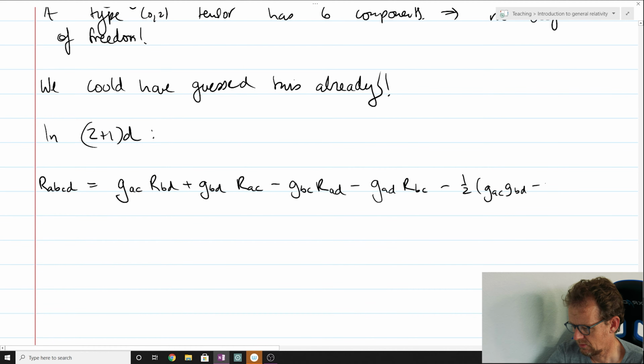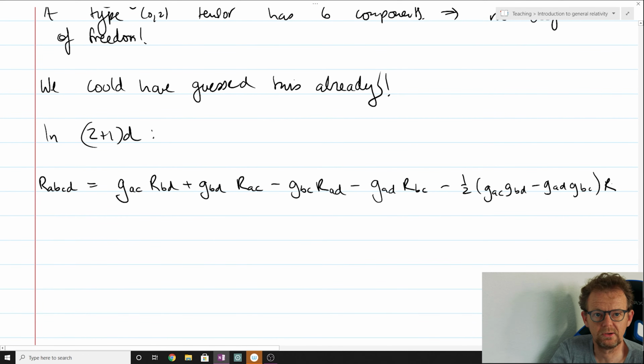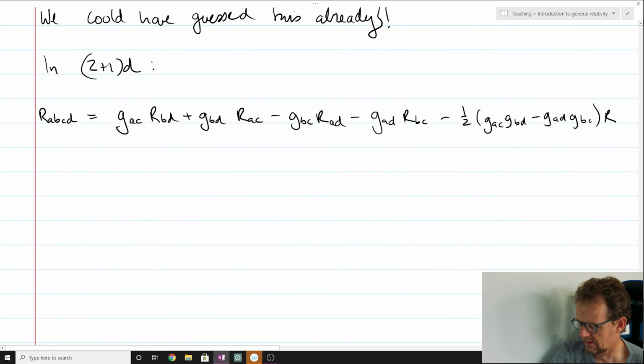And so the minute you know the Ricci tensor and the Ricci scalar, you know the Riemann curvature tensor, and therefore you know all the curvature information, or the local second order curvature information about your manifold. So in 2 + 1 dimensions, the Riemann tensor gives you no more information than you had before with the Ricci tensor and the scalar.